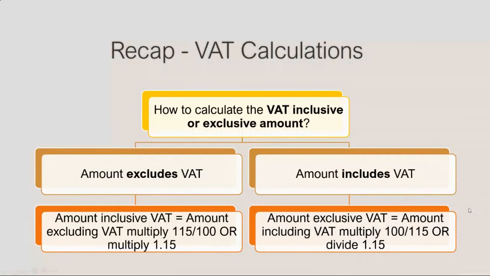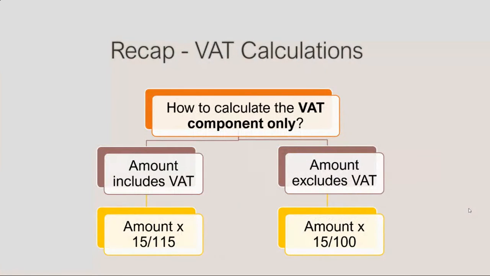And then you have to look at whether they're asking you to work out the amount including VAT, excluding VAT, or in this case, do they only want you to calculate the VAT component? And we did a question in class last week where we've actually discussed how to calculate the VAT, but we'll look at it again today. So don't worry if you were unsure about something.